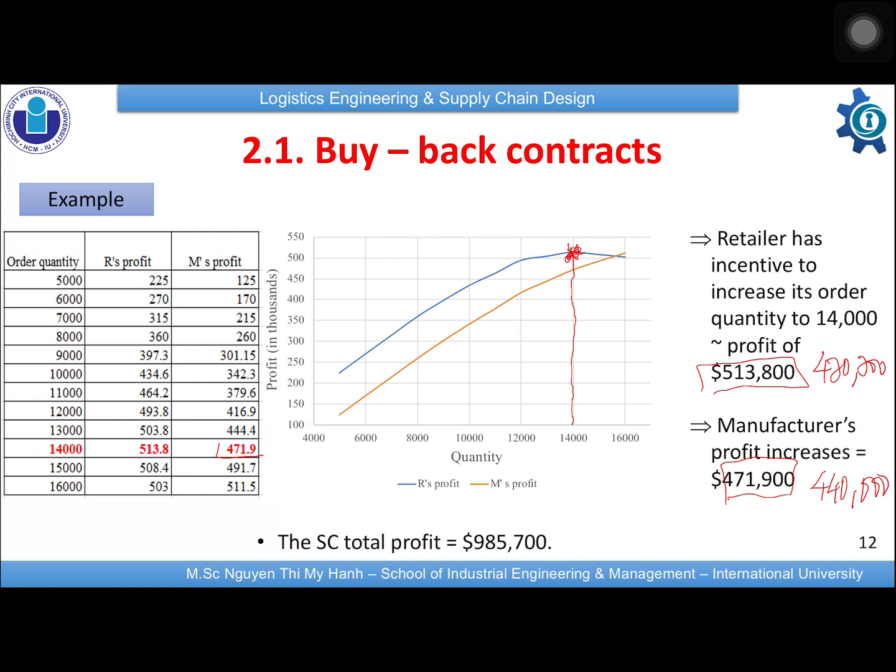So when they don't sign the buyback contract, the retailer has the profit of 470,700, and it's increased to this.